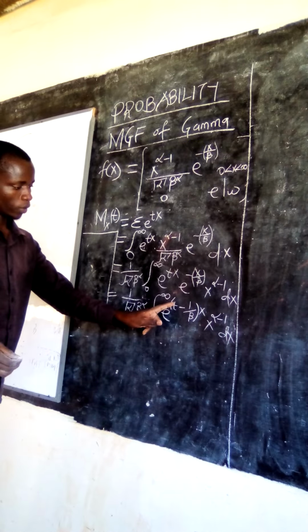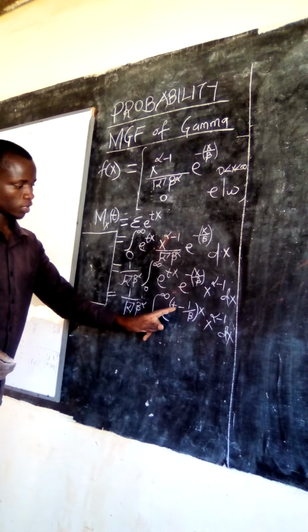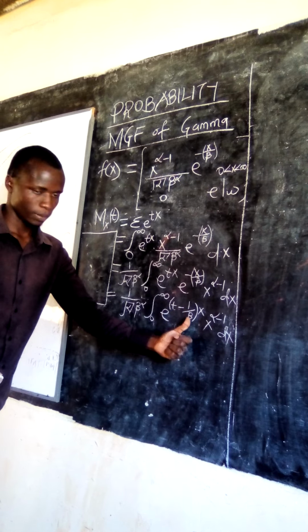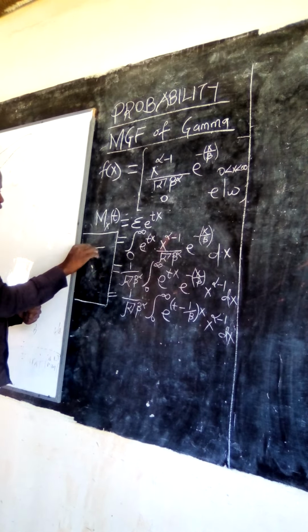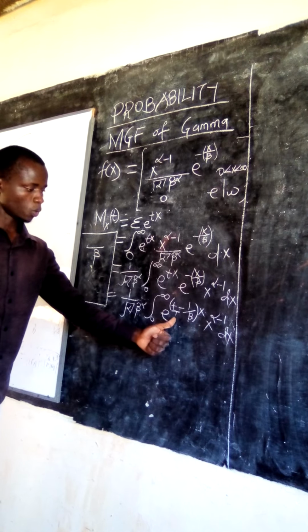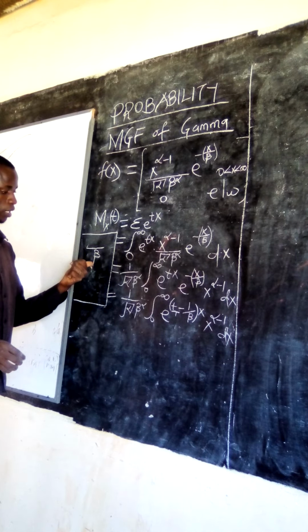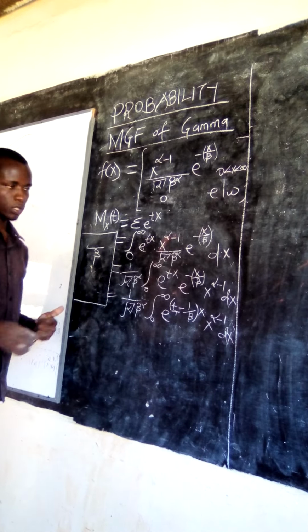When I have (t − 1)/β in the bracket with x, I can get the LCM of (t − 1)/β. The LCM here is β. Then I ask myself, if it is t, meaning it is over 1, 1 goes into t β times. β times t is tβ.